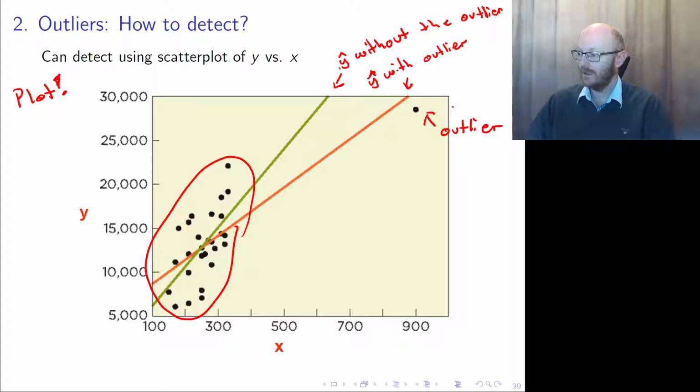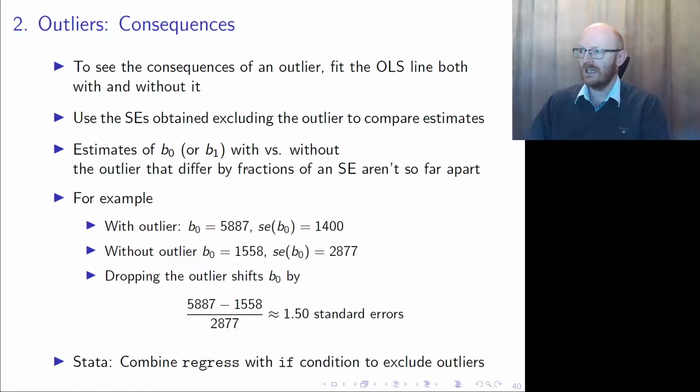The reason why you would do this is because you have to look at the consequence of including the outlier and not including the outlier. Then you can use the standard errors obtained excluding the outlier to compare the estimates.